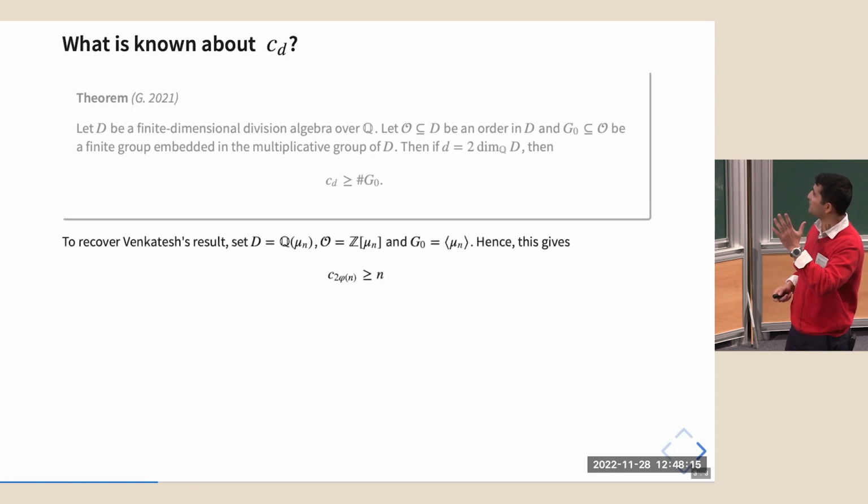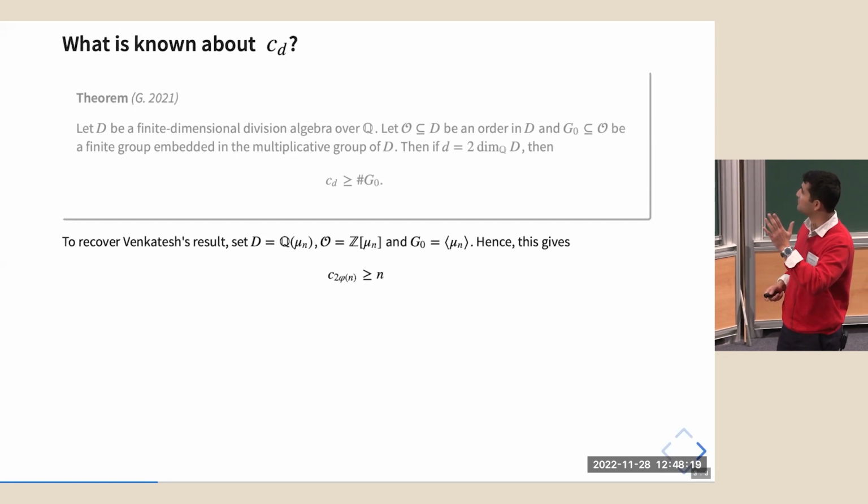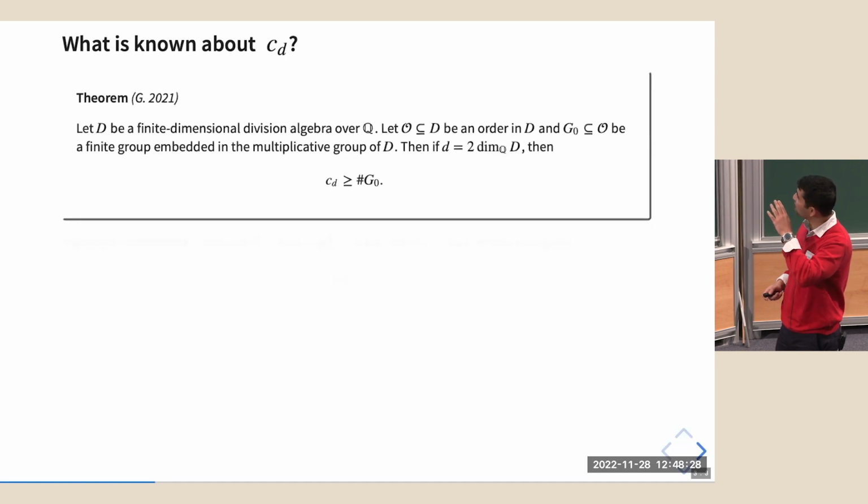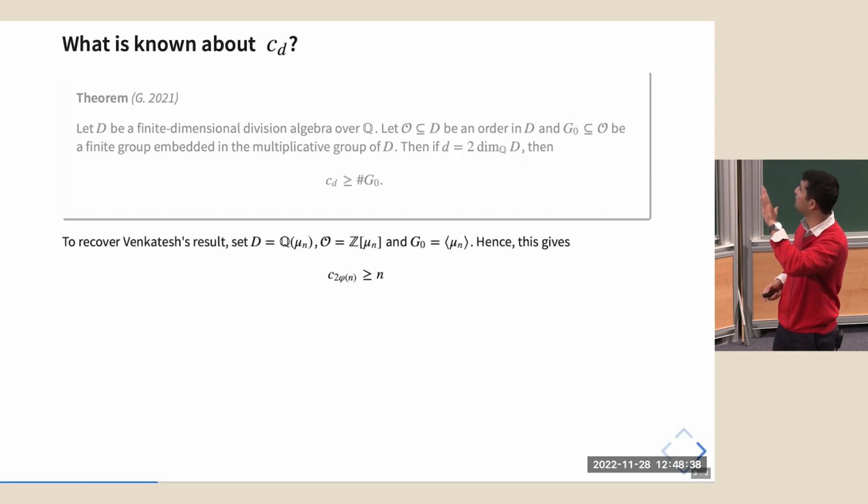So to recover Venkatesh's result, you set the division ring to be a number field over Q. So it is a commutative division ring. It is in fact a field. So what is the input to the theorem? You need a division ring, you need an order, you need a finite group inside that order, and it will produce this bound.